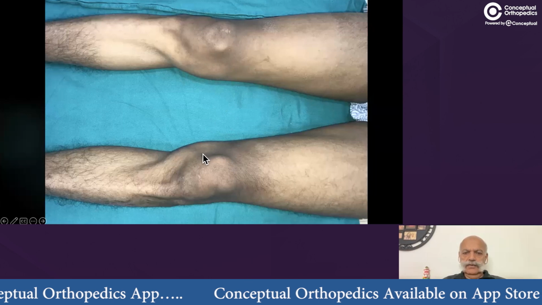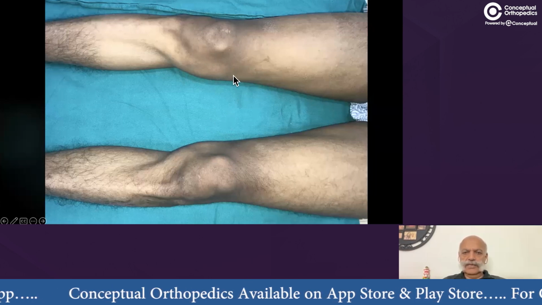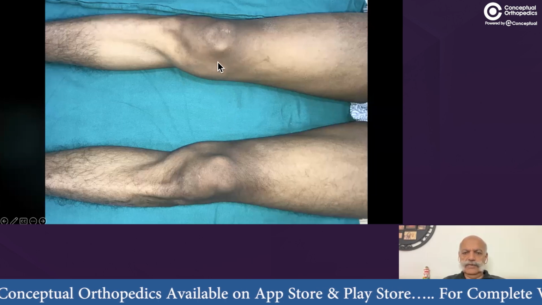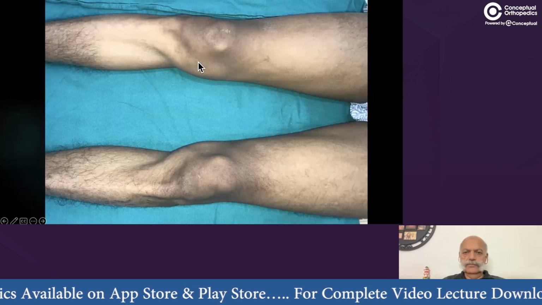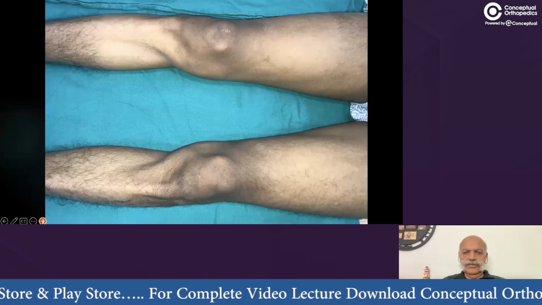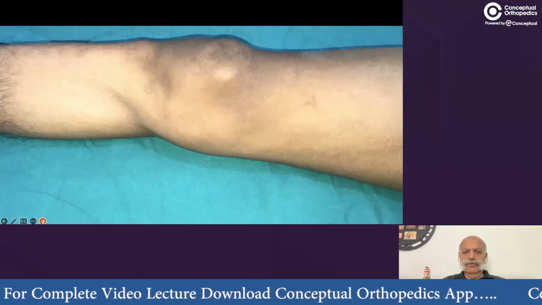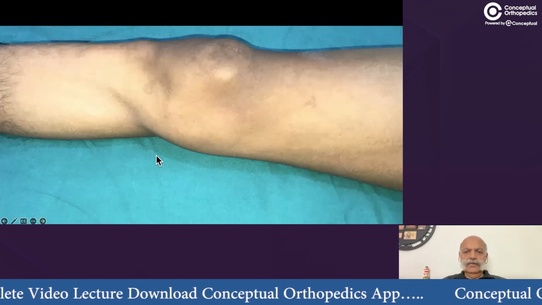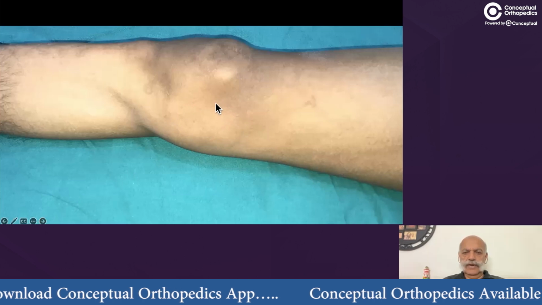Look at the parapatellar depression here on this side, and here it is more or less a fullness. In fact, this entire area seems to be full. This is the clinical picture, and this is a magnified view of the right knee, showing you this area seems to be a little abnormal.